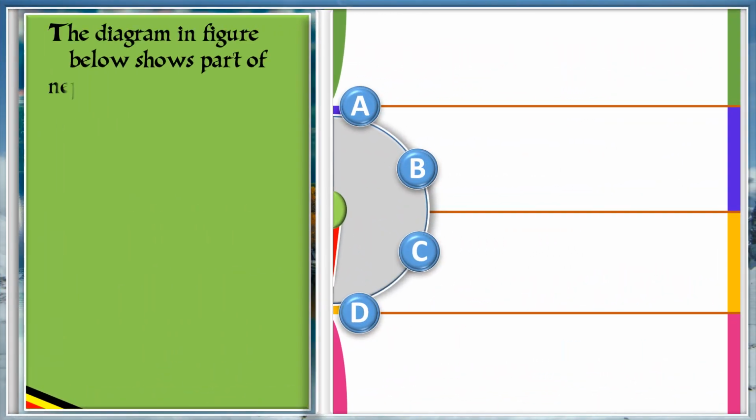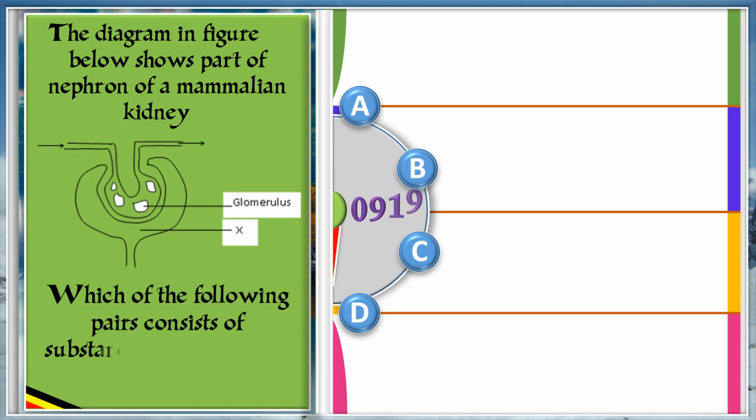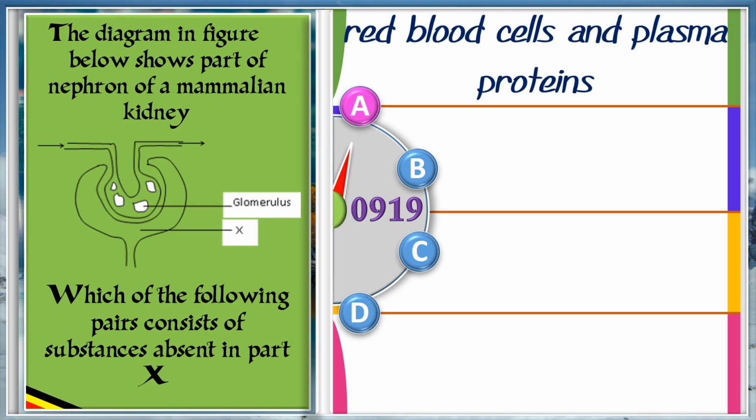The diagram in the figure below shows part of the nephron of a mammalian kidney. Which of the following pairs consist of substances absent in part X? A, red blood cells and plasma proteins.